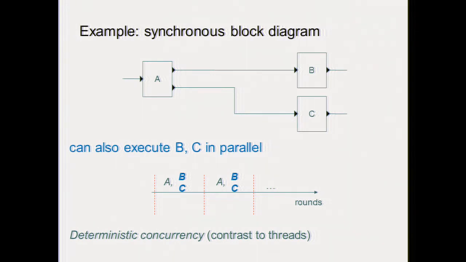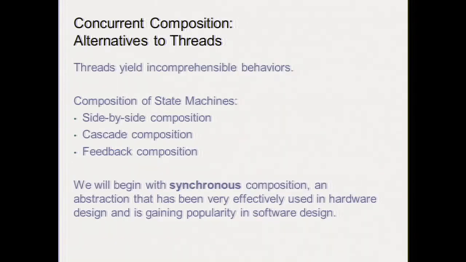Okay? So not so very good. So it's much better to use a model of computation that gives you the exact meaning of a computation itself. So we said before, threads yield incomprehensible behavior. So now we want to exploit this model of computation, synchronous reactive, and it is a computer program, by the way.